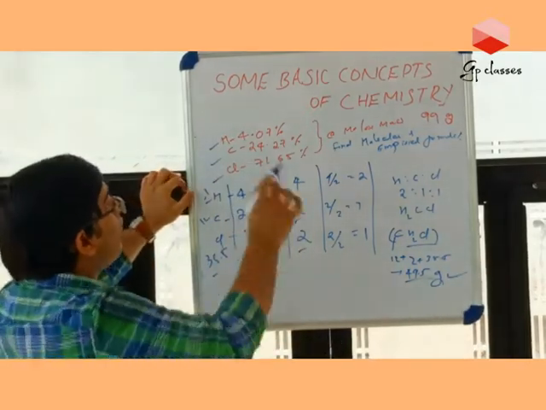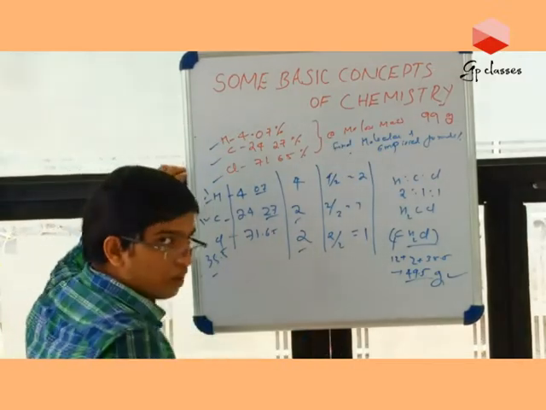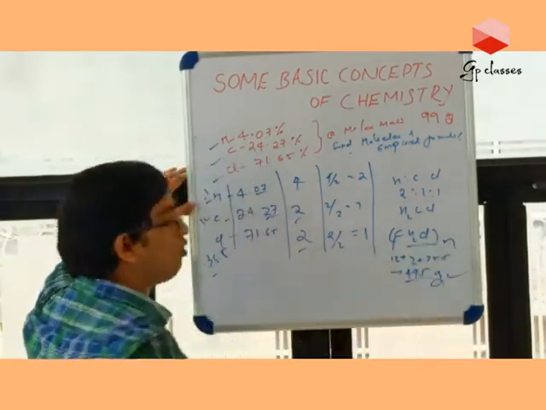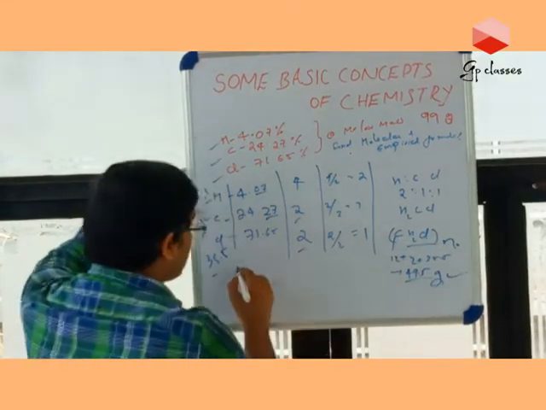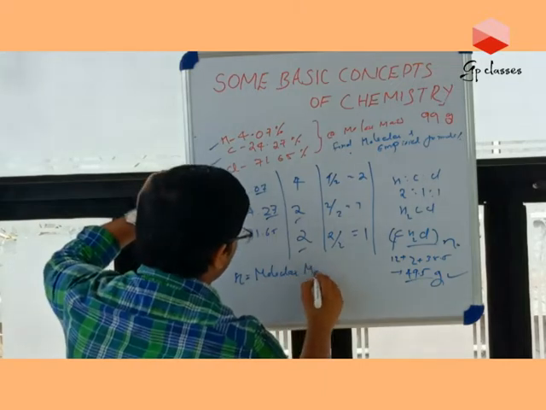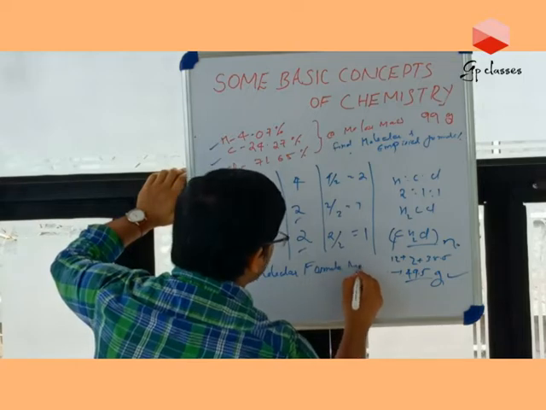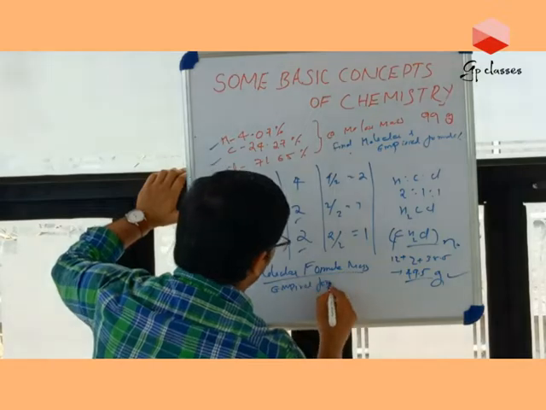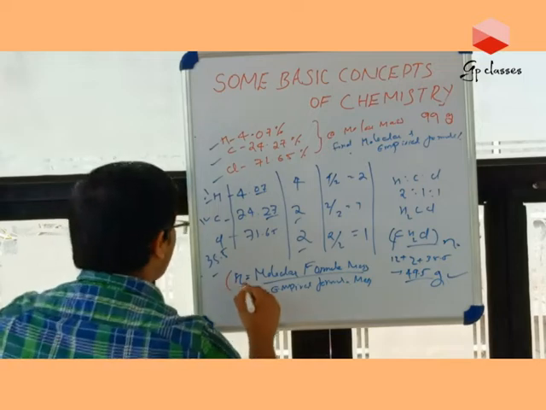Now find its molecular formula. How to find its molecular formula? Empirical formula into n factor. We already said empirical formula into n is molecular formula. So you have to find n. How to find n? N factor is molecular formula mass by empirical formula mass.